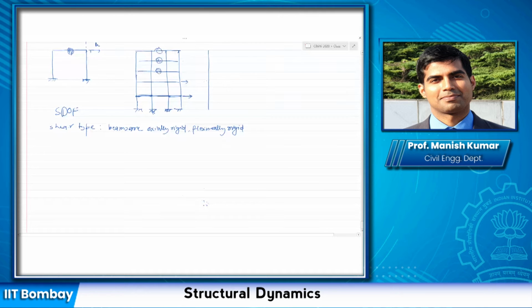Each of these represents the deflection at different levels. Let me write this one as u1, this as u2, this one as so on, and this one as uj, and then finally, if it is an n-story building, un.